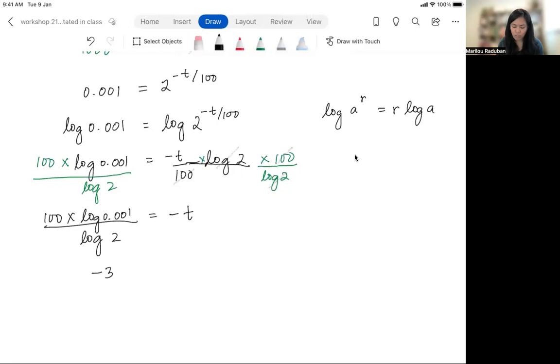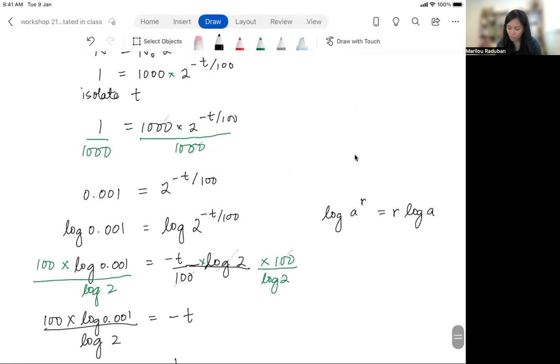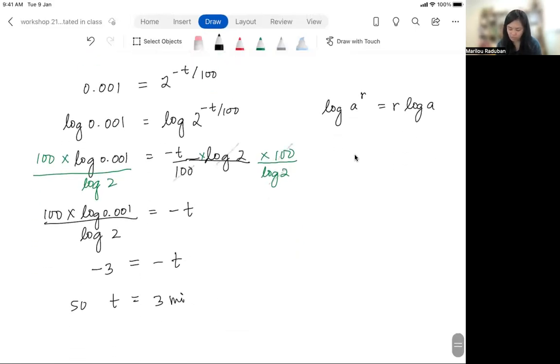So you do log 0.001 divided by log 2, times 100, and that is -3. But -3 is equal to negative t, and so the negatives will cancel each other out. So t is equal to 3. And the unit for t will be the same unit as the half-life, which is given in minutes.